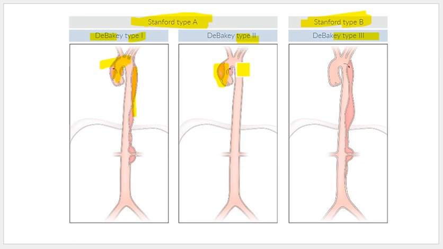So we have to treat it as emergency surgery, I already told you. And if we have Stanford type B, it depends upon the patient's condition. We can place the patient on TEVAR, or we can also use IV labetalol, beta blockers for prevention of further complications. So this is all about aortic dissection. Thank you for your attention.